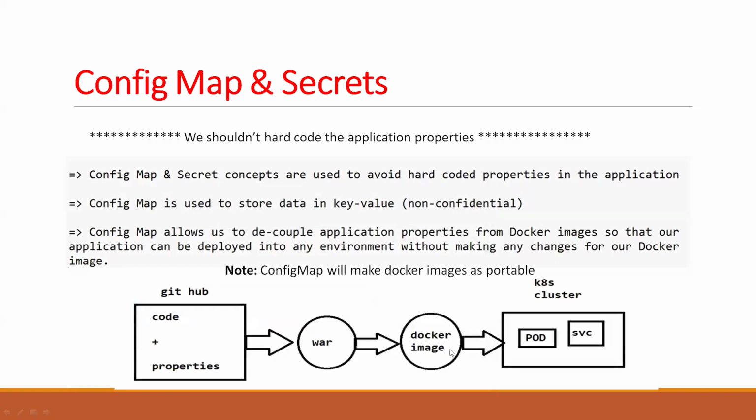Do we need to create different Docker images for every environment? Guys, now you understood? The code plus properties are in the WAR, but the properties differ from environment to environment. So one Docker image will not be used for all the environments because the properties are different in each environment. Guys, now you understood?